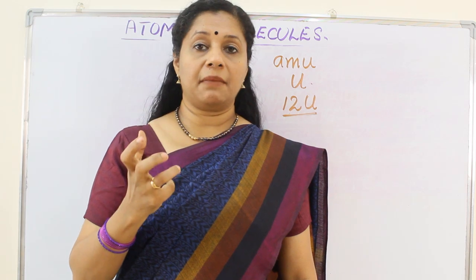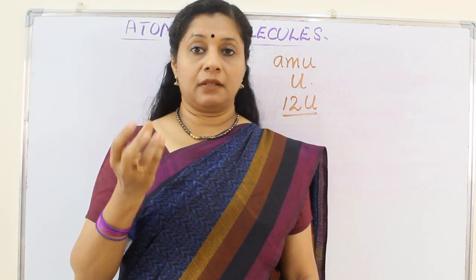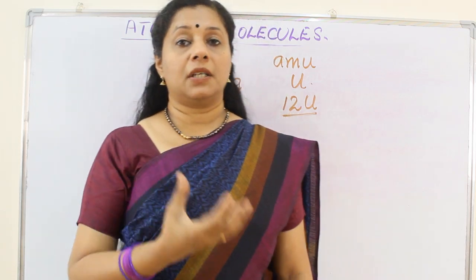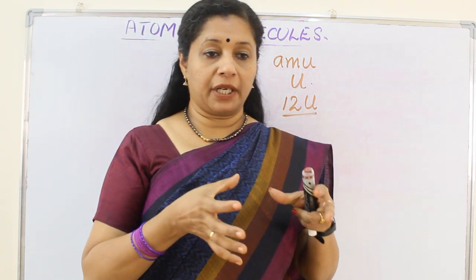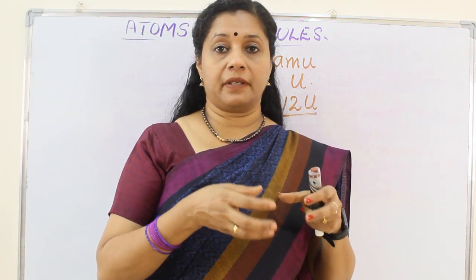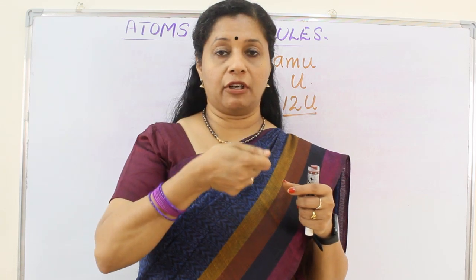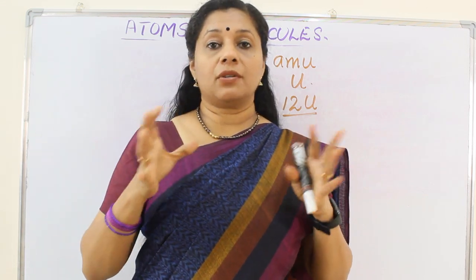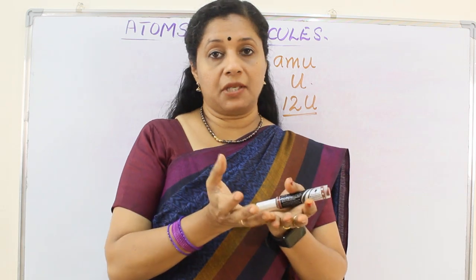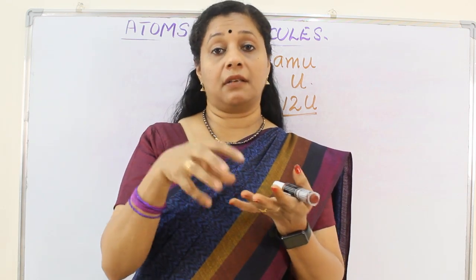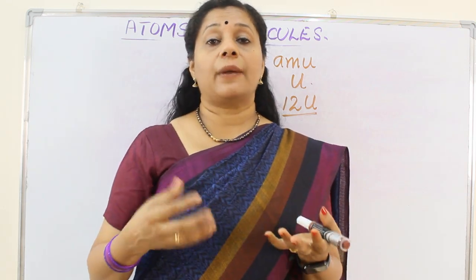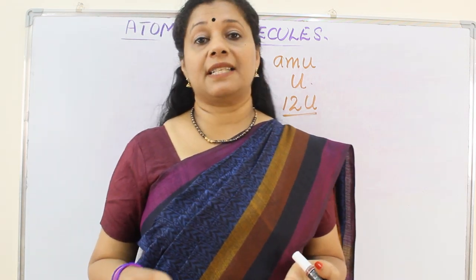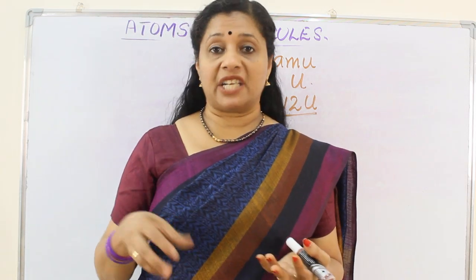Or another example, when you are doing cookery. Some channels, if you see the cookery show, will tell you to take one measuring cup of rice, and you have to take 3 cups of water. Sometimes we may not have the weighing machine. Everybody may not have a weighing balance at home, and in the kitchen we usually don't measure the components.